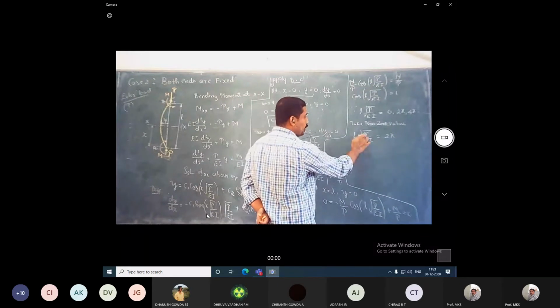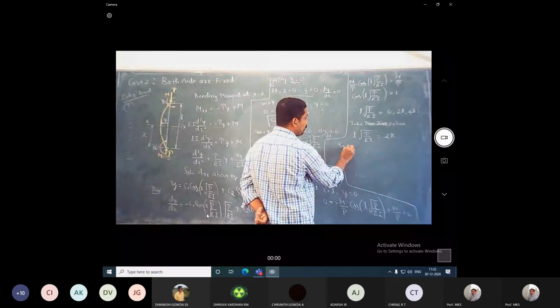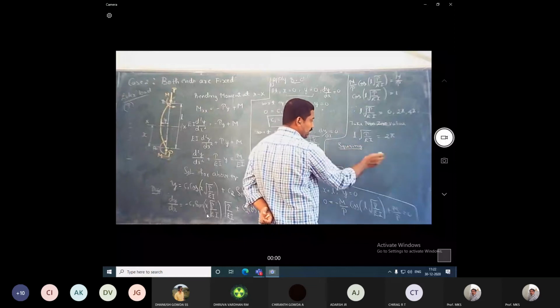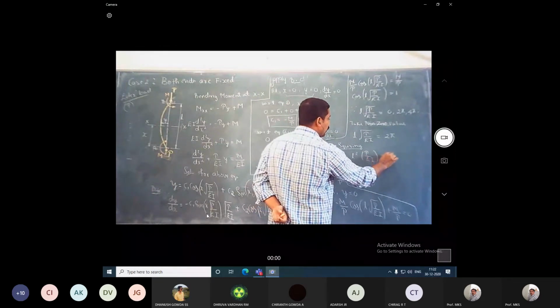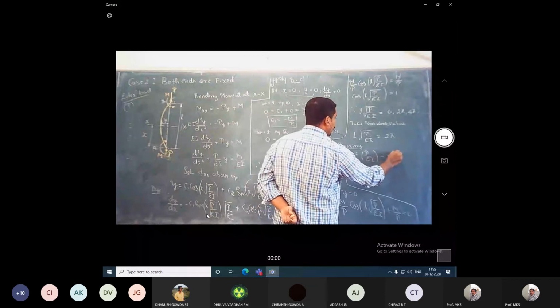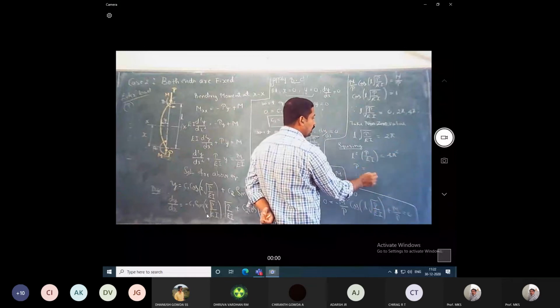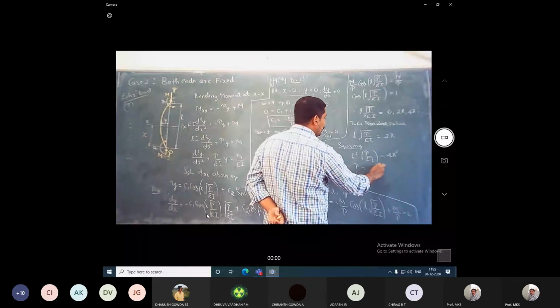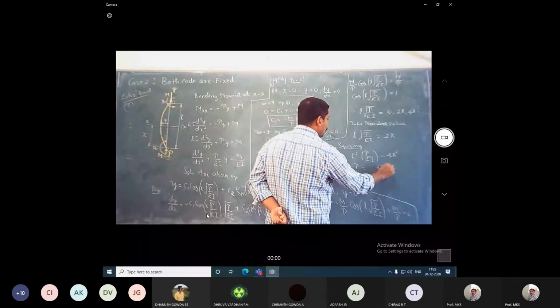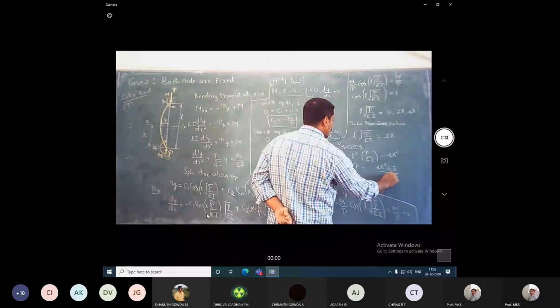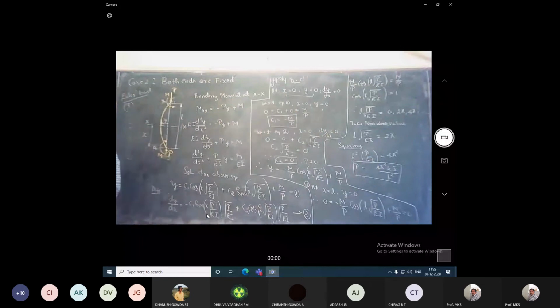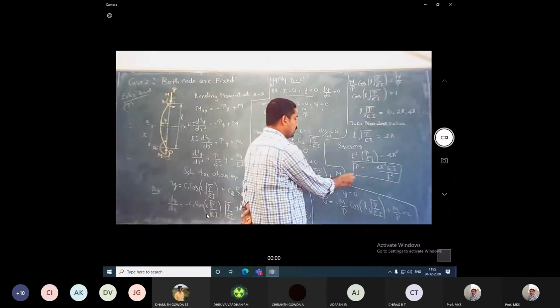I want the expression for P, so squaring on both sides, L square into P by EI will be equal to 4 pi square, or P will be equal to 4 pi square EI divided by L square. Right? So this is the expression.